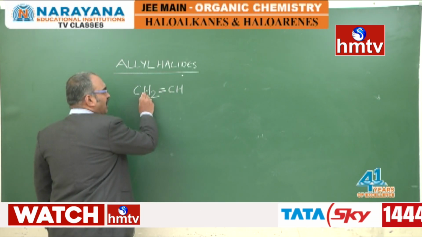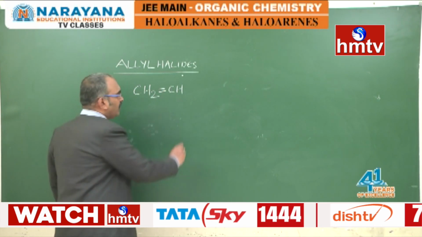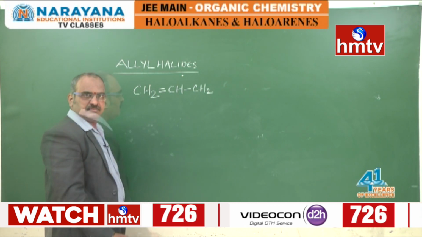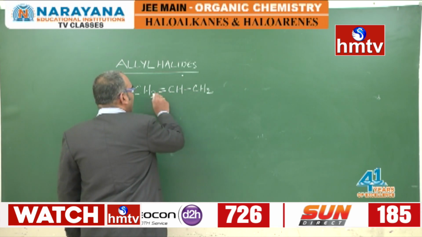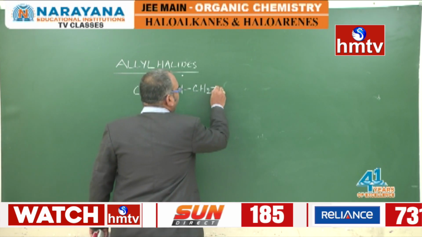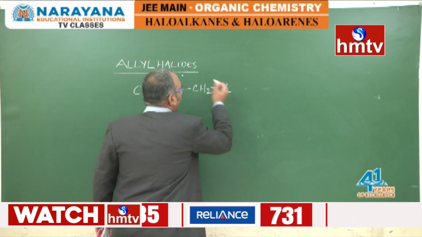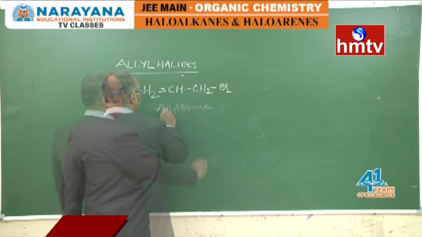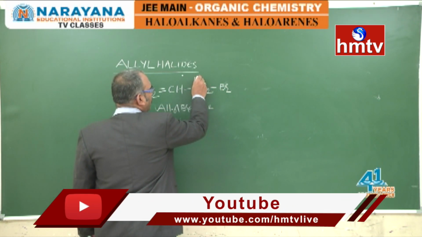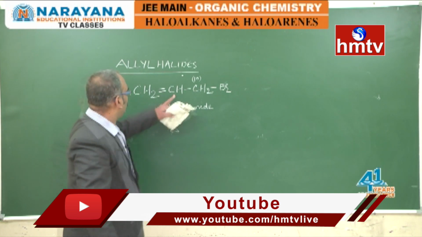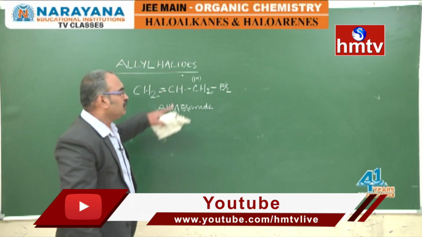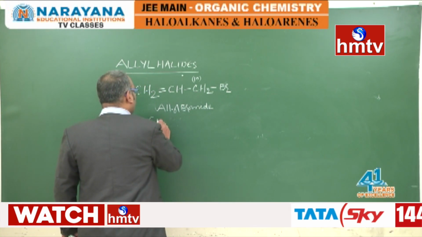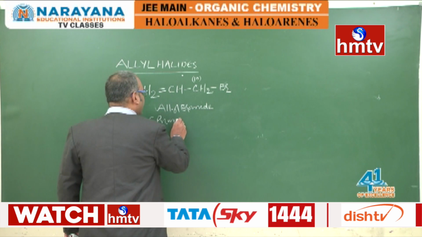This double bonded carbon is called vinyl carbon, and the carbon attached to it is called allyl carbon. With this allyl group attached to bromine, it is called allyl bromide. Here bromine is attached to a carbon which is attached to a vinylic carbon, so this is a primary allyl bromide. You can call it a primary allyl halide.